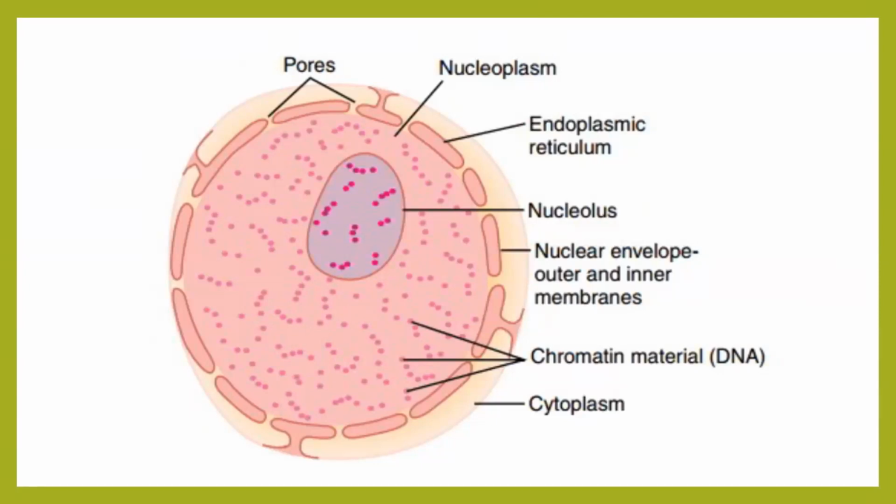This thread-like material, which is present inside each and every nucleus, is called chromatin material, which is nothing but our DNA. Every cell in the body will have a nucleus, and every nucleus will have such chromatin material inside it. Now, what is the function of chromatin material?